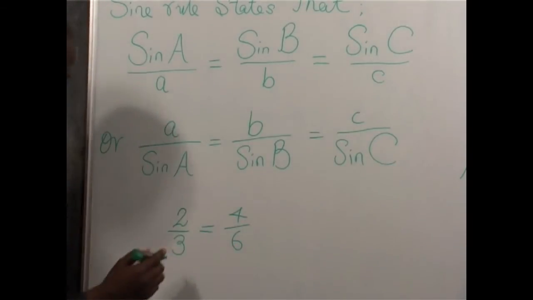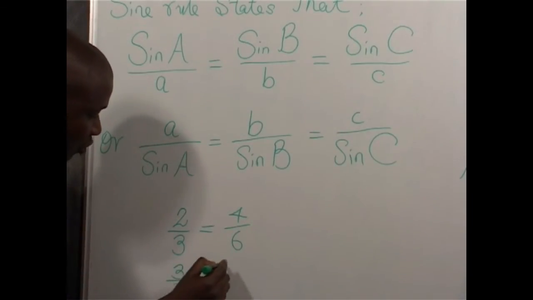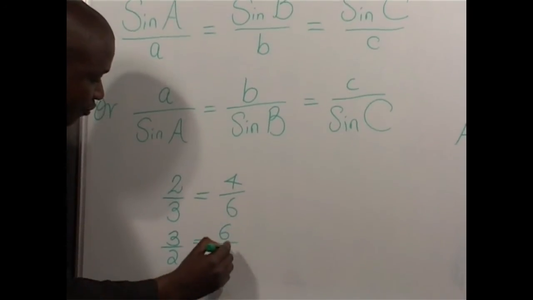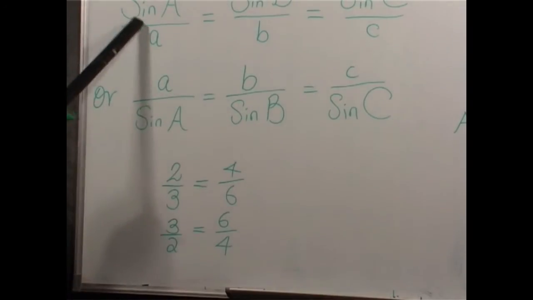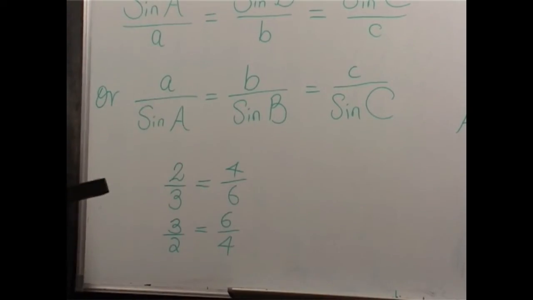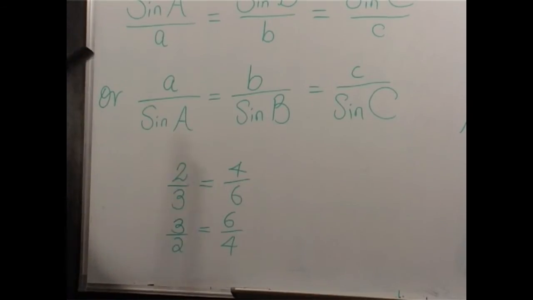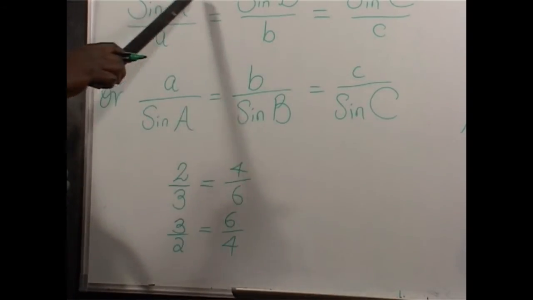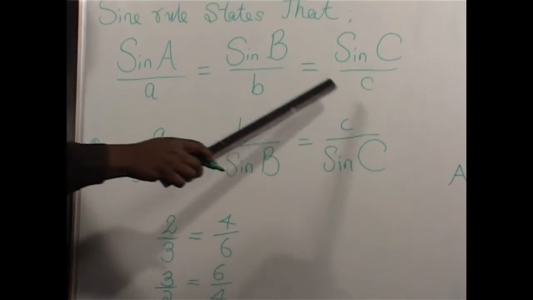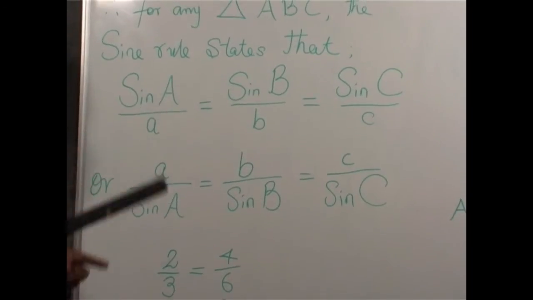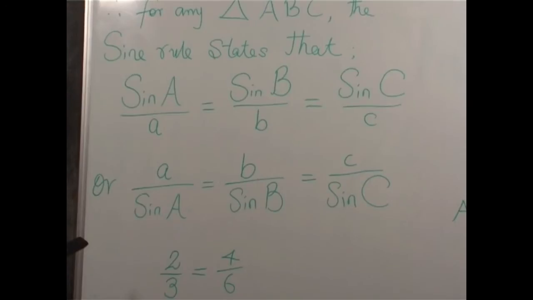So, from this, it is true that 3 over 2 is equal to 6 over 4. That is why I said the sine rule is so easy to remember, because you can remember it in two different ways. If you want, you can have the sines of the angles as the numerators, then the sides opposite those angles as the denominators, or you can have it the other way around.